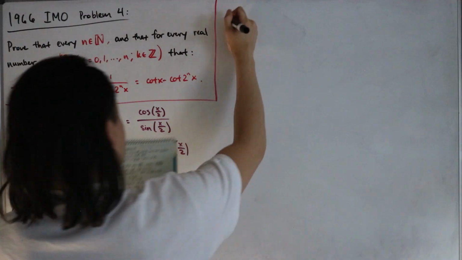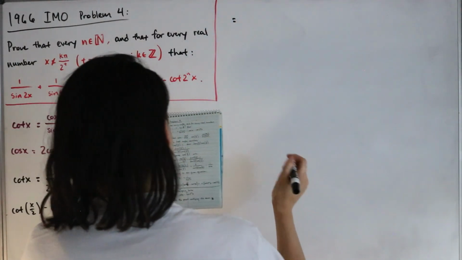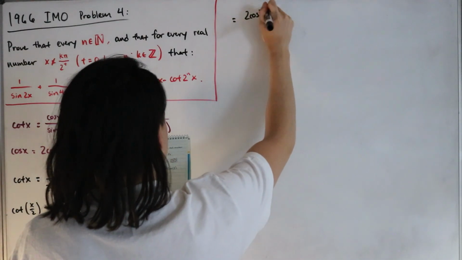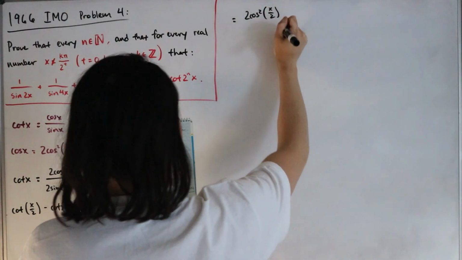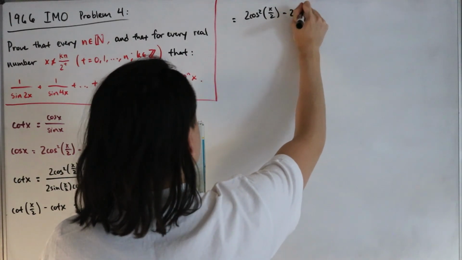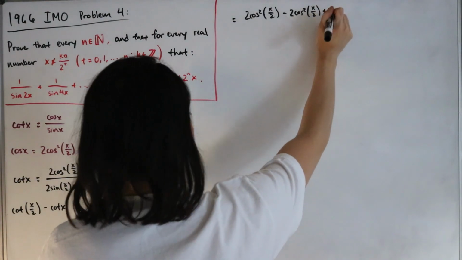So let's put it equals. By getting a common denominator, we're going to have 2 times cosine squared of x divided by 2, then subtract 2 times cosine squared of x divided by 2, and then add 1.